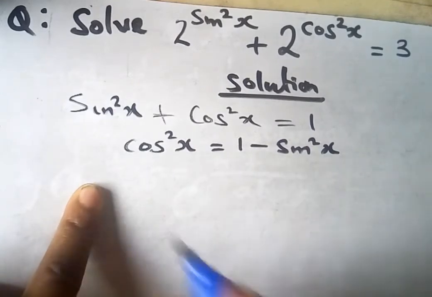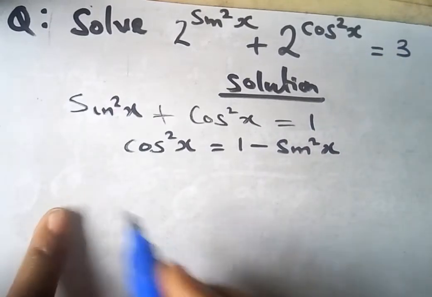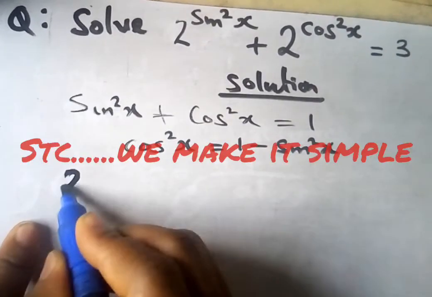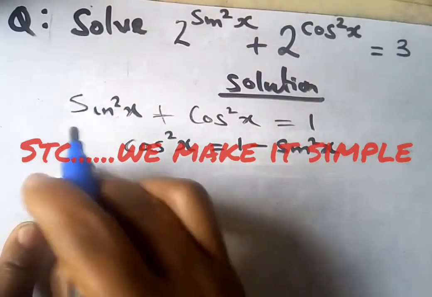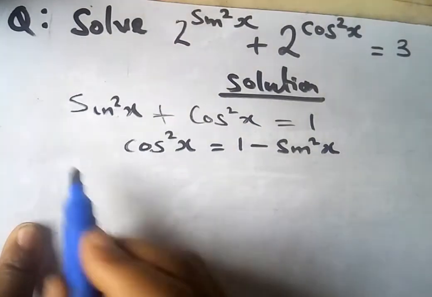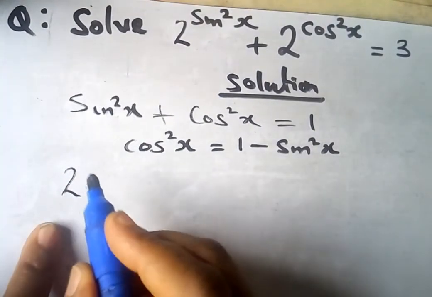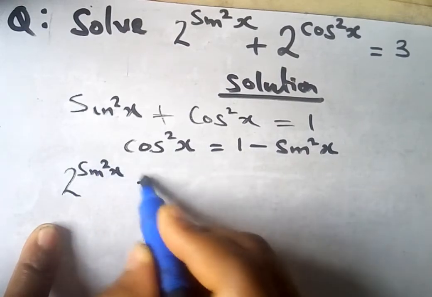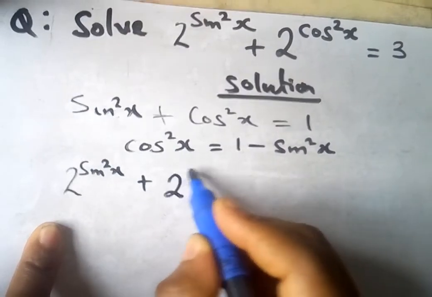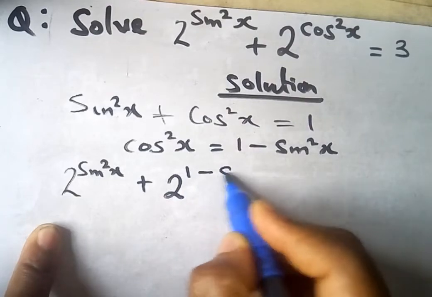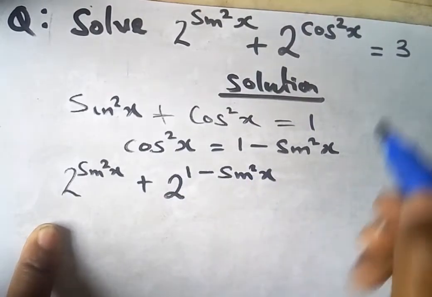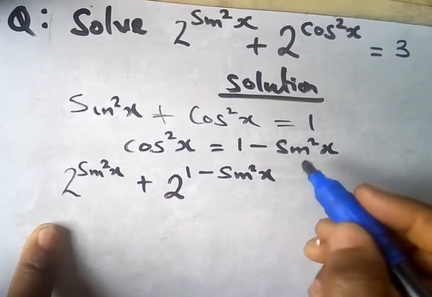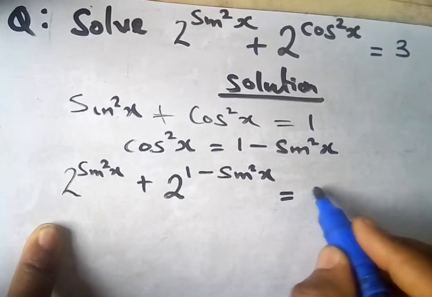Alright, so by the time we now put it into the original equation, we are going to have 2 raised to the power of sine square x plus 2 raised to the power of 1 minus sine square x, since cos square x is 1 minus sine square x, and everything will be equated to 3.